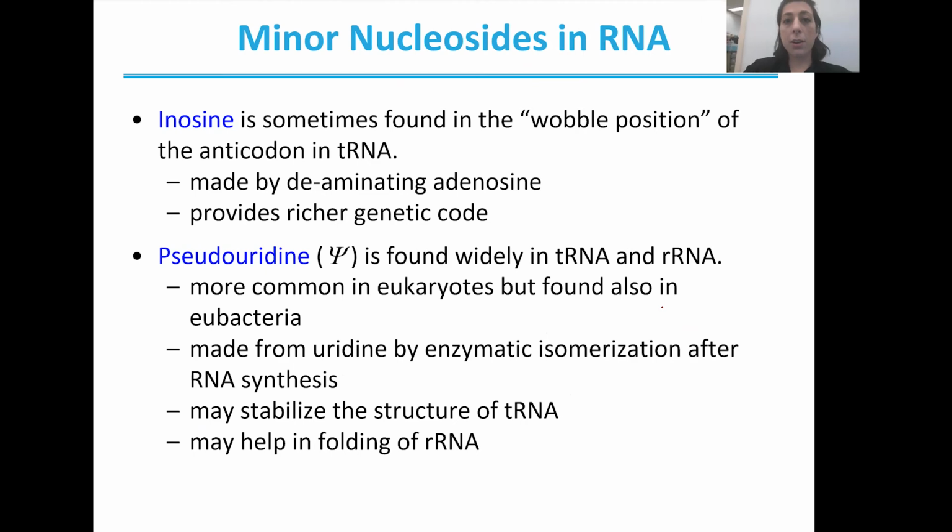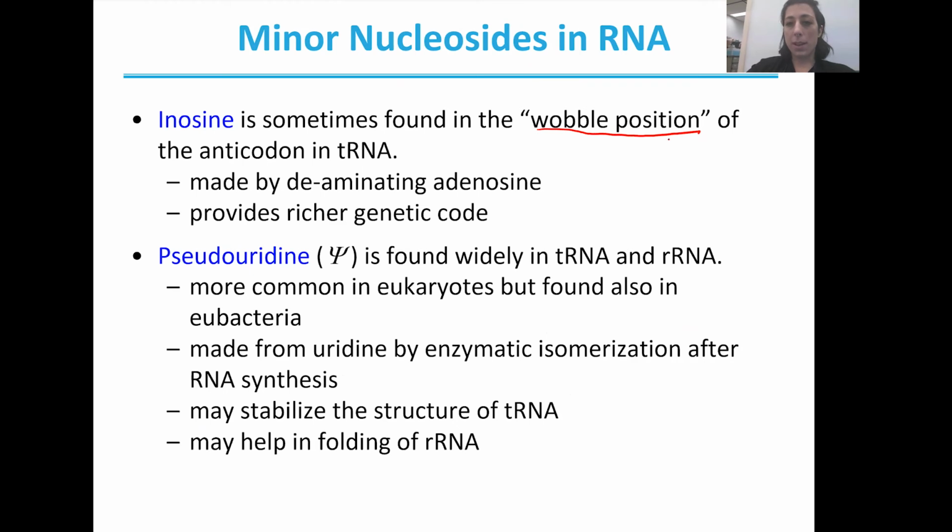So some other nucleosides that are modifications we see are variations, whole entire variations of nucleosides that are found. And these are often found in RNA as opposed to DNA. One of those groups is called inosine, which is found in what we call the wobble position.